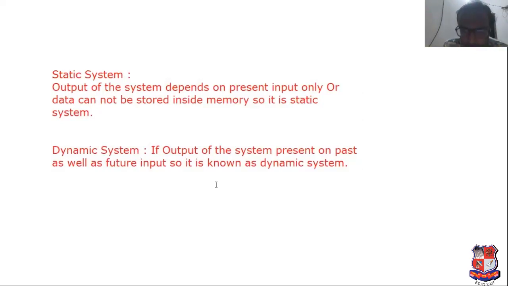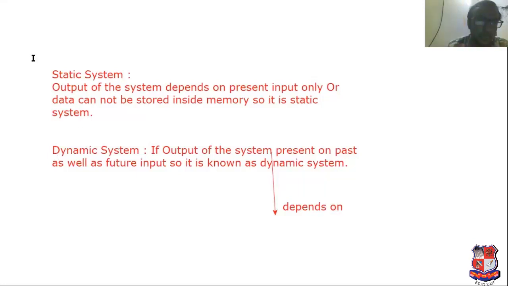If the output of the system depends on past as well as future input, it is known as a dynamic system. Real-time systems are all considered dynamic systems. So this is the basic introduction to static and dynamic systems.